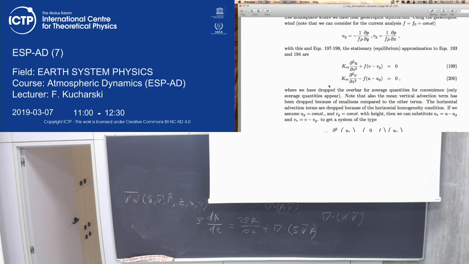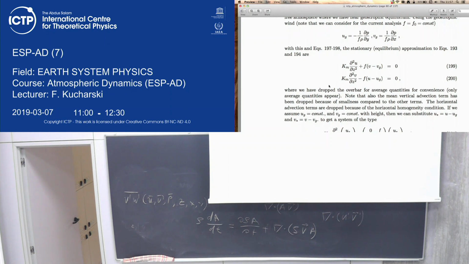So this would be only valid if we go to the lower layer of the atmosphere, what we call the atmospheric boundary layer. There we think that frictional effects that we have parameterized in this way could be important. We've assumed that our flow is horizontally homogeneous, so no changes in the horizontal direction. With this we can use a trick to reformulate this equation.